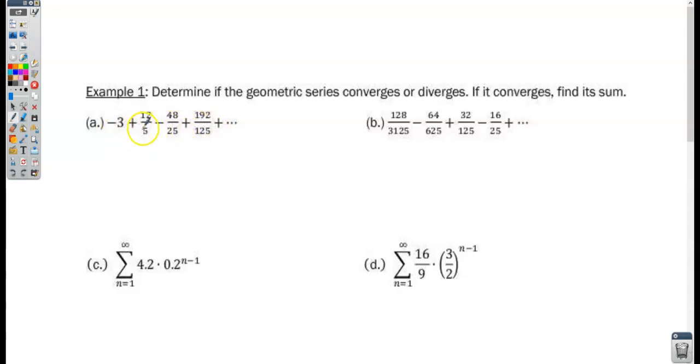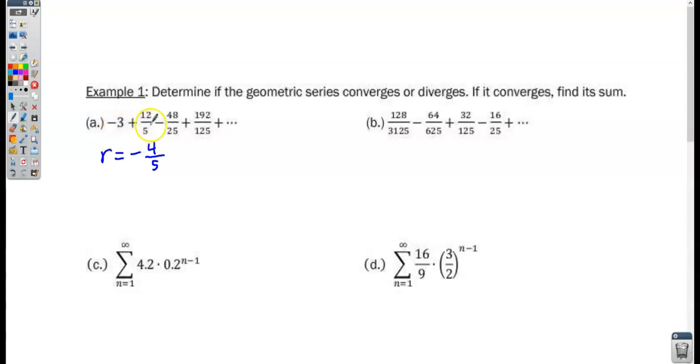So I'm going to first find the R value. To get -3 to turn into 12/5, we need to multiply by -4/5.